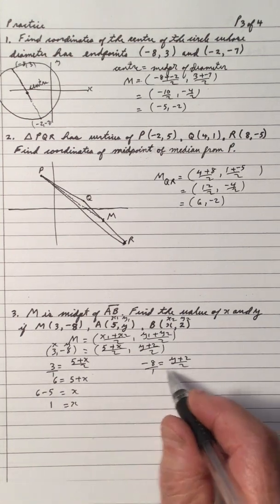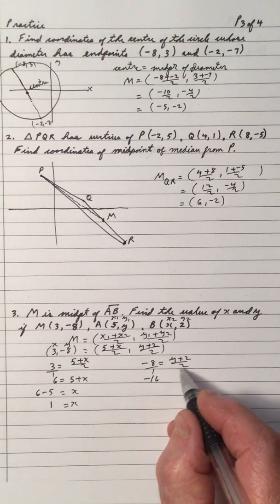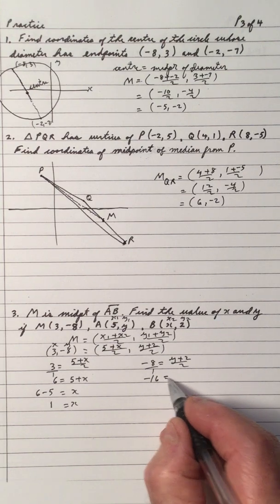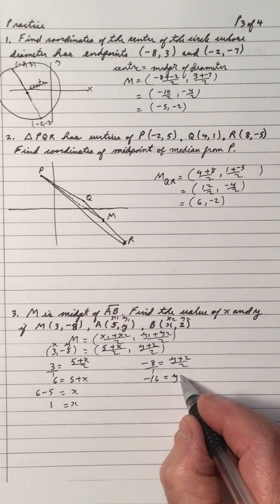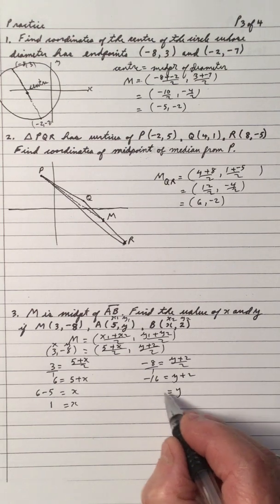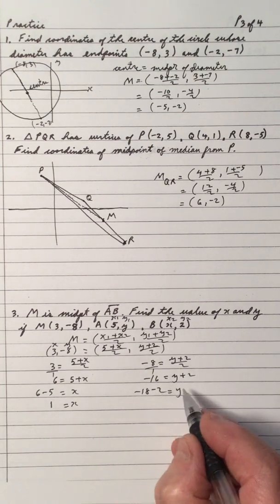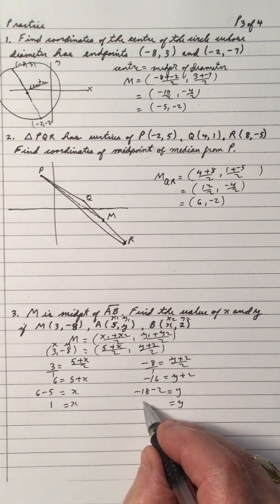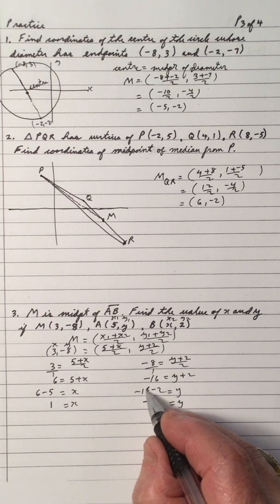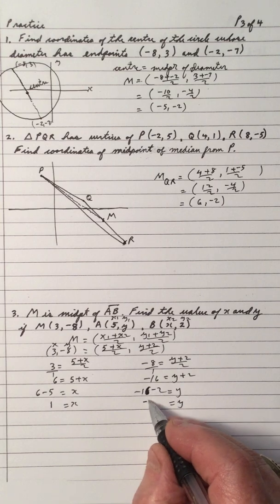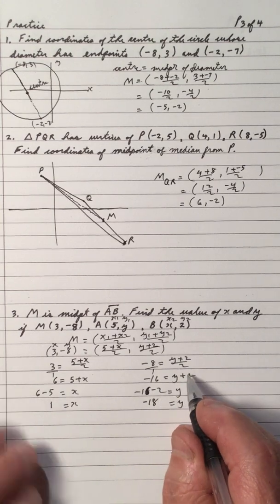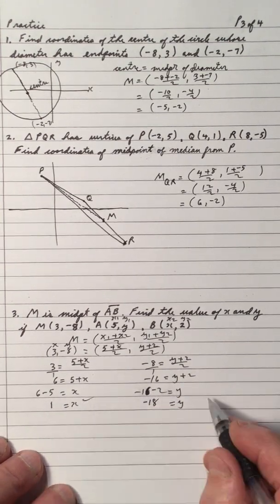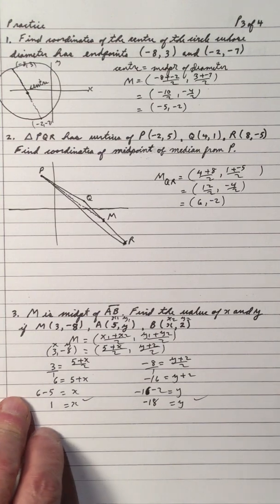Put it over 1, cross multiply. 2 times negative 8 is negative 16, equals 1 times y plus 2. Again, leave the y where it is and move the 2. Much quicker. Oh, that's a 16. Almost made that error. So y is negative 18. So the values of x and y are found.